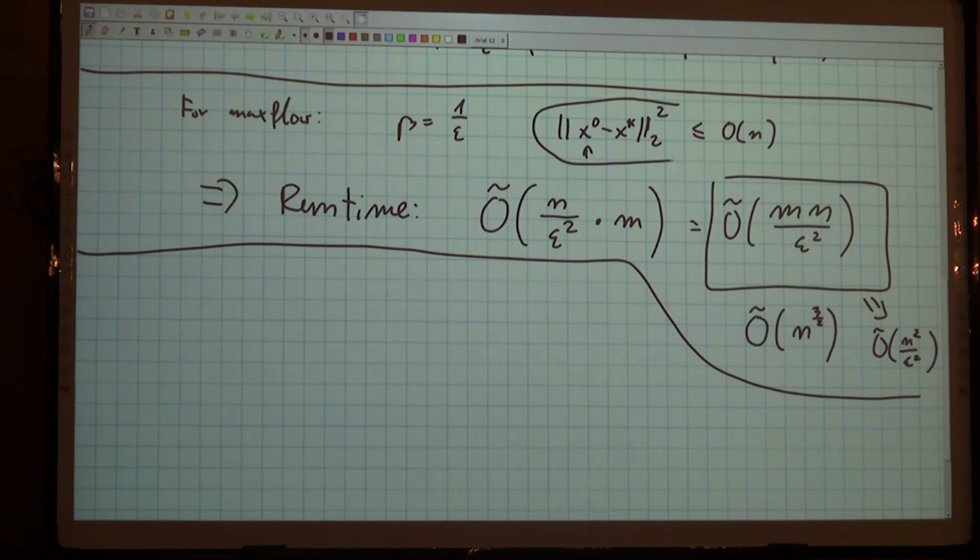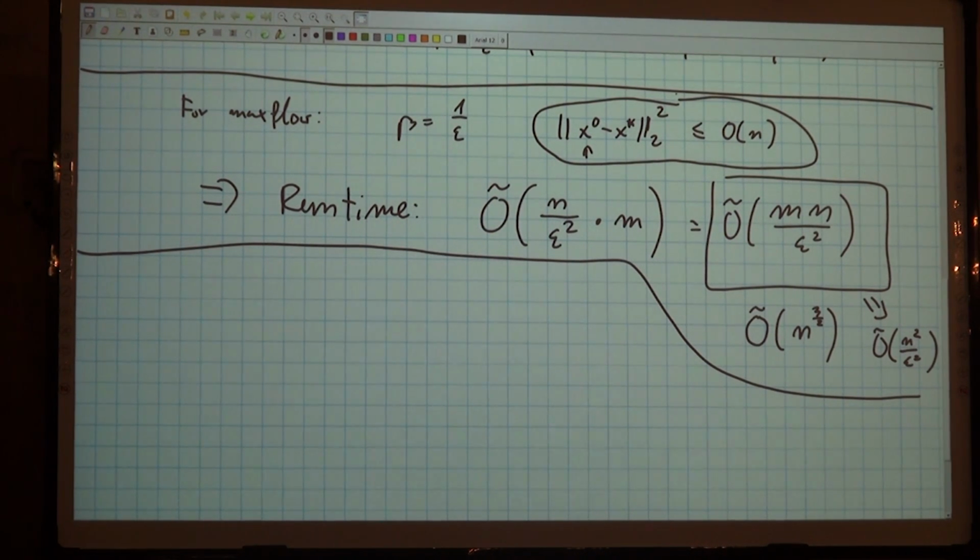What was really the bottlenecking term in this whole running time was this initial distance to the optimum. It's just very large. The way we are using L2 projections, we have to pay for it dearly.